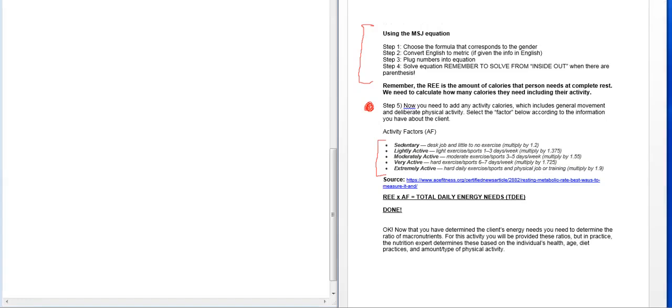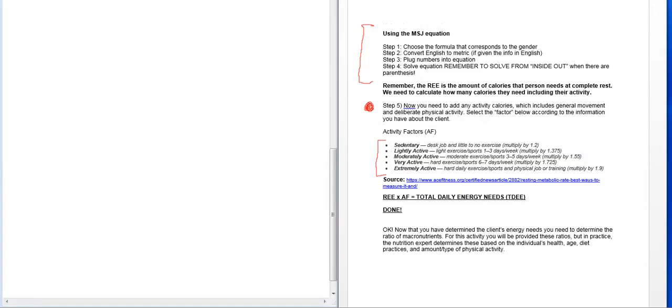So she's not sedentary because she exercises, so we can skip that one. The lightly active is defined as 1 to 3 days a week, but she exercises more than that. So let's look at the moderately active. That is listed as 3 to 5 days a week. So that is what she does. And it's moderate, it's a 12-minute mile. That's not that fast. So I would say that that's probably it.